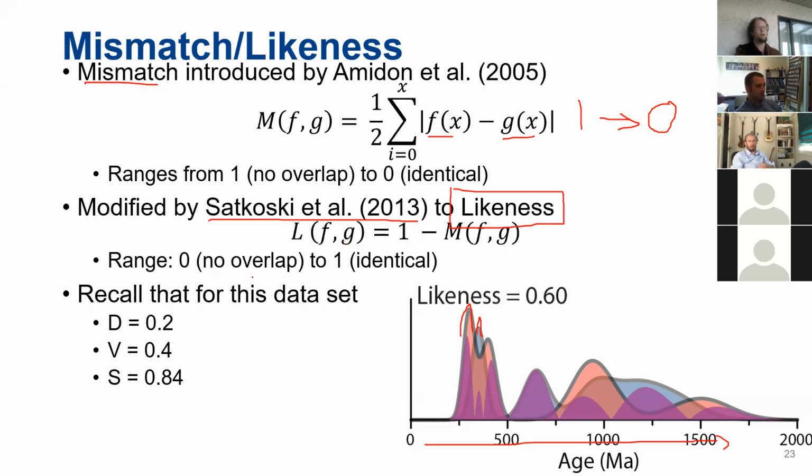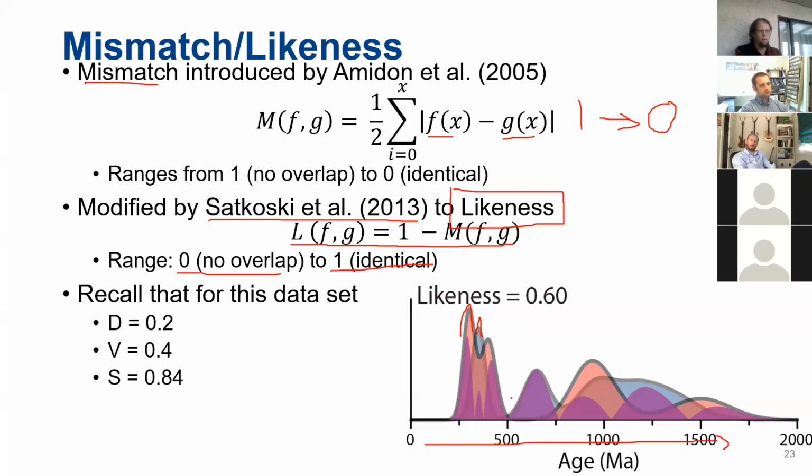The idea was to make it more similar to similarity or the cross correlation coefficient, where you go from 0, no overlap, to 1, identical. In terms of calculation, they are basically the same: L equals 1 minus M.